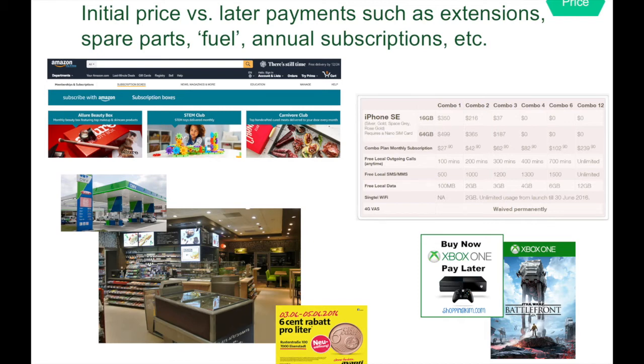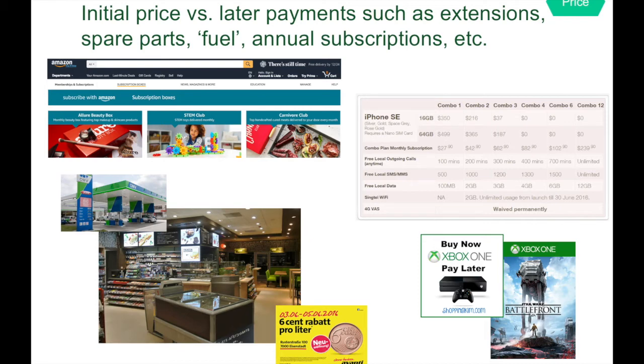For instance, if you look at cars, we can buy extensions, or we have to buy winter tires, and then we need to buy additional things together with the winter tires. Yes, spare parts. There is a rumor, and I believe it's true, that many car companies do not make that much money on the car, but they actually make quite some money on the spare parts.